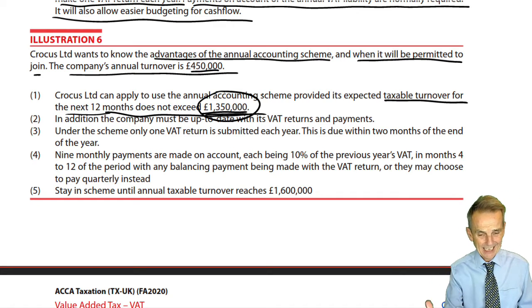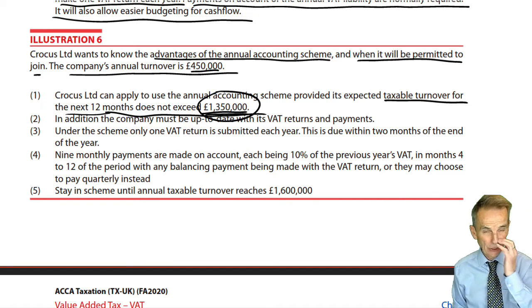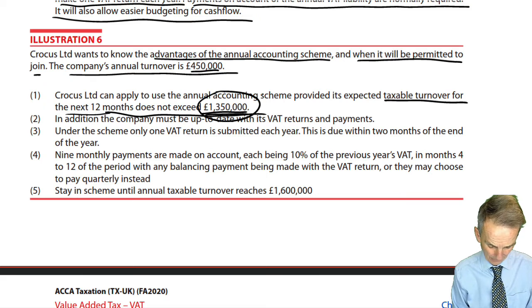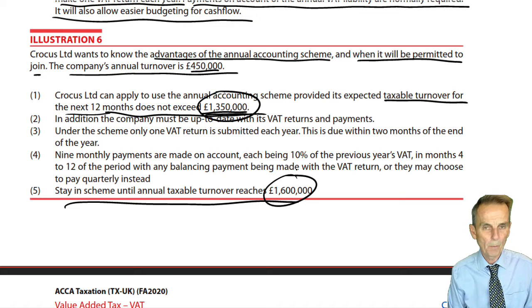So again, as with cash, we've got an entry level as long as our taxable turnover does not exceed 1.35 million. We can also stay in the scheme until our taxable turnover goes above 1.6 million. Then we have to come out.